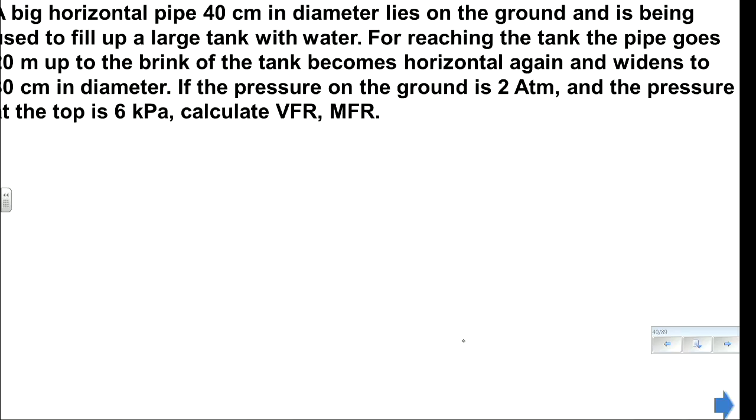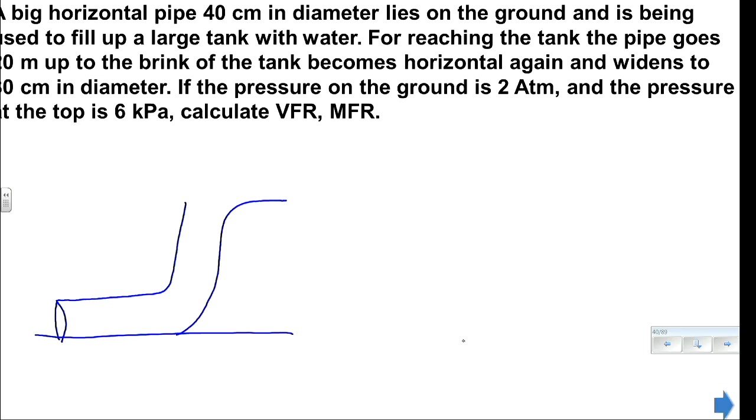So, the ground level, a pipe goes up, gets wider, doesn't stop here, of course it goes, there's something else, tank somewhere, it doesn't matter.